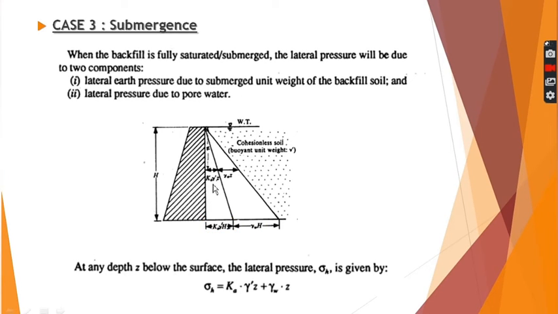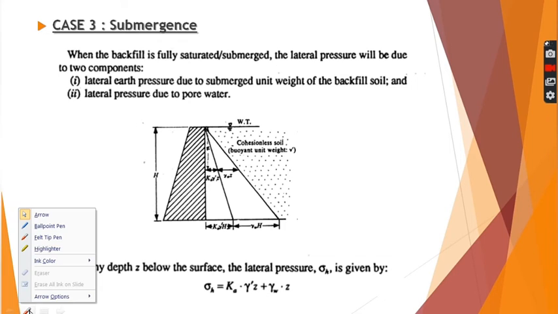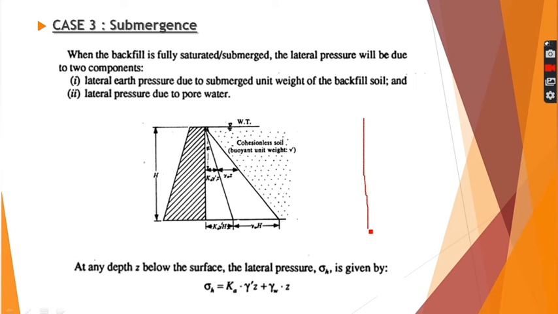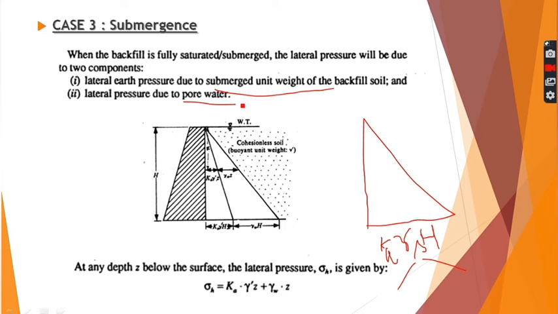Below the surface, if we take any random point Z, the lateral earth pressure will be sigma, that is Ka gamma dash into Z plus gamma W into Z. Actually, if we make another diagram here, this is the total earth pressure acting at the bottom, which will be Ka gamma saturated into H. But this gamma saturated is basically of two components, that is the submerged unit weight of soil and the pore water pressure.